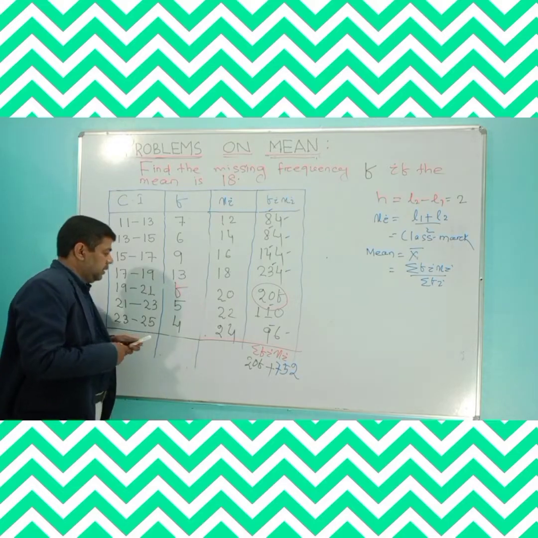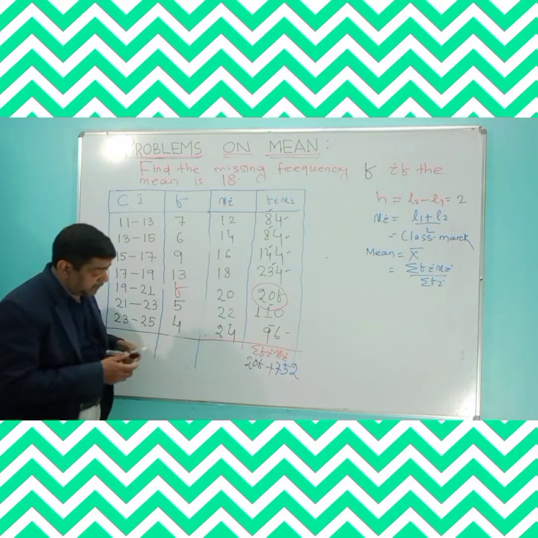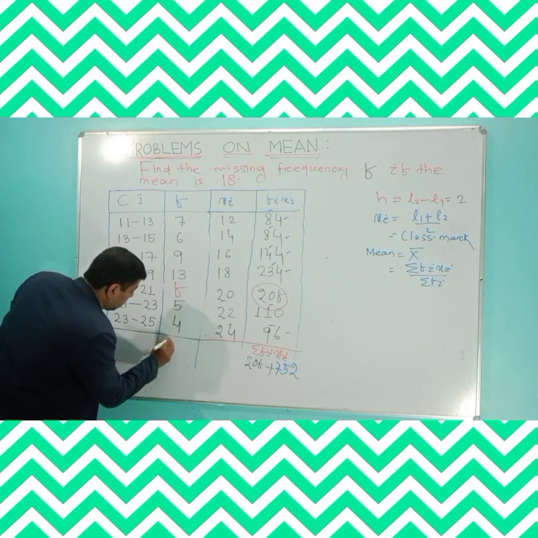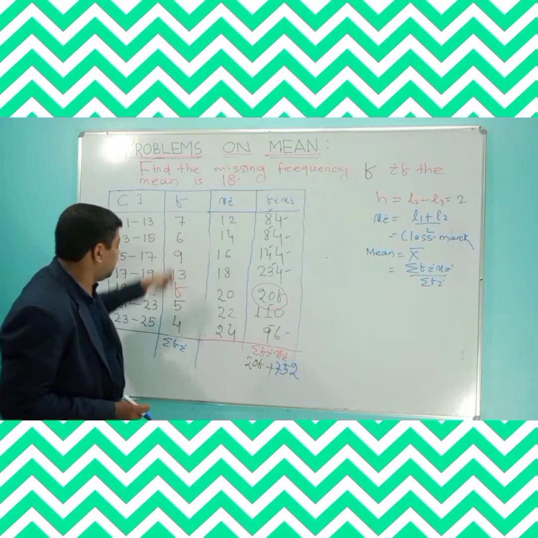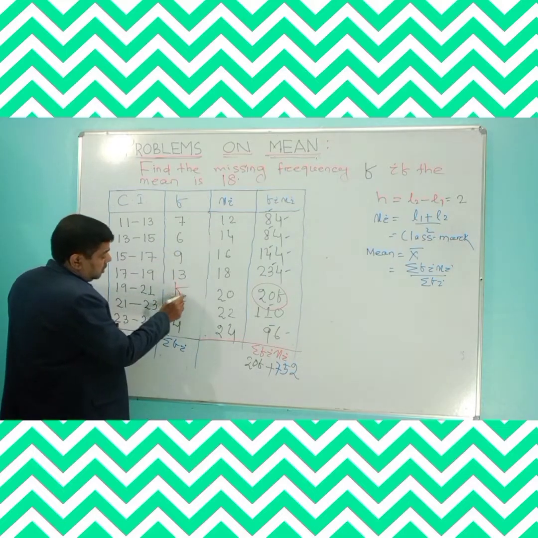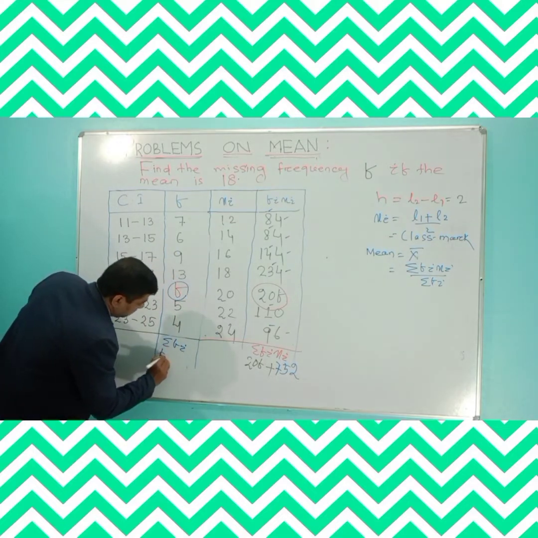Understood? Then after that you find the sum of fi in a similar manner. This is the sum of fi xi, and now find the sum of fi, which is the frequency. First you write down the frequency f.